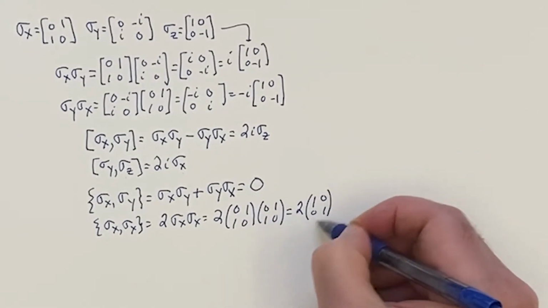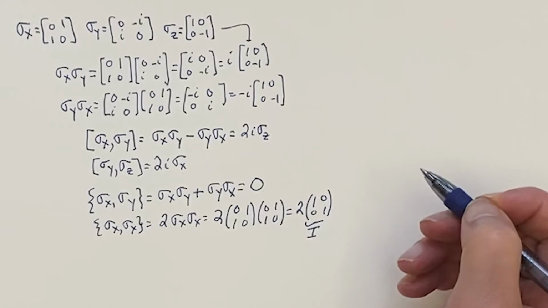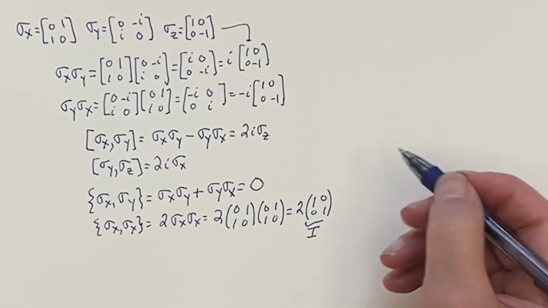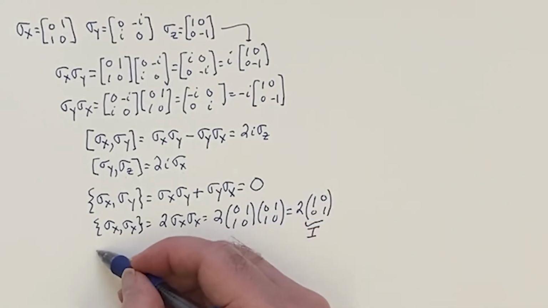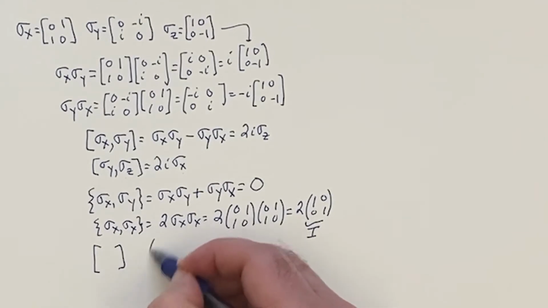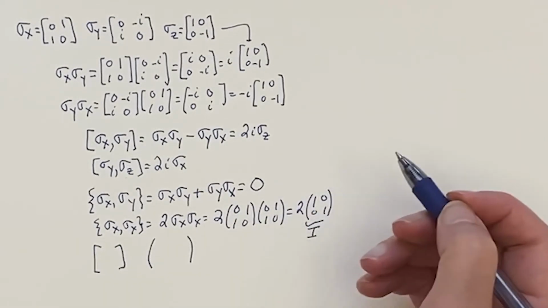You'll find that it's 2 times the identity. But with matrices, by the way, you can use that bracket or you can go ahead and do this. I mean, either way works.